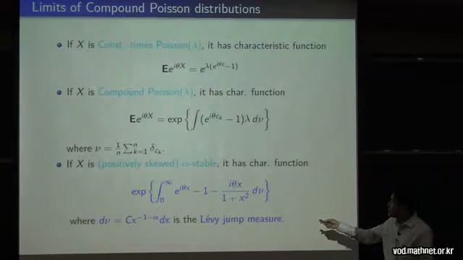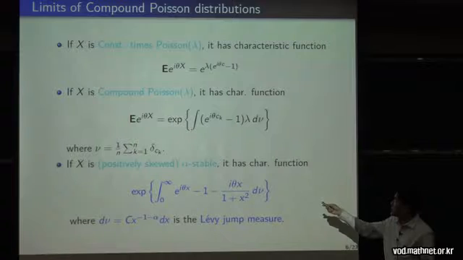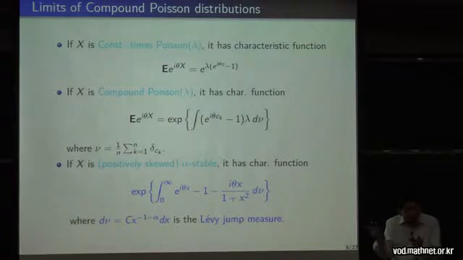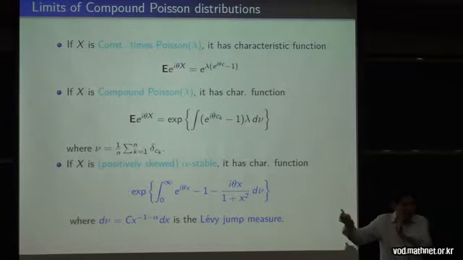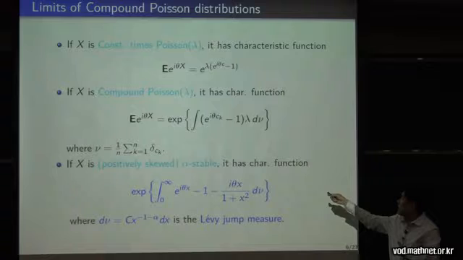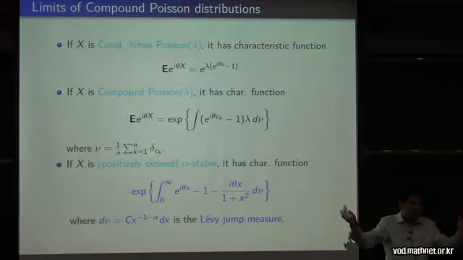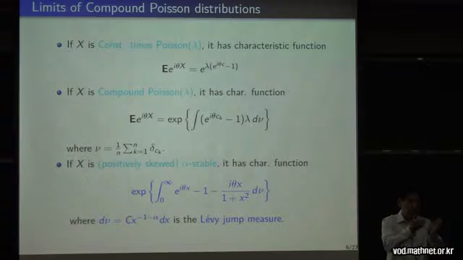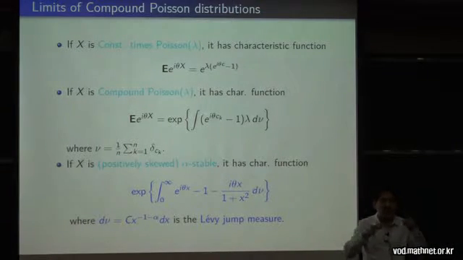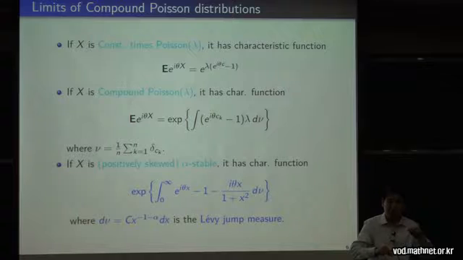As you get smaller and smaller jumps, the measure nu times lambda, d nu times lambda, can have a singularity at 0. So the measure gets bigger and bigger and bigger. What that says is that you have many, many more jumps, but they're all getting smaller and smaller and smaller. Okay?